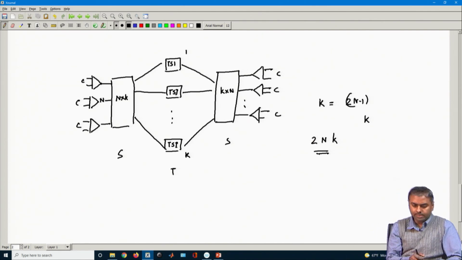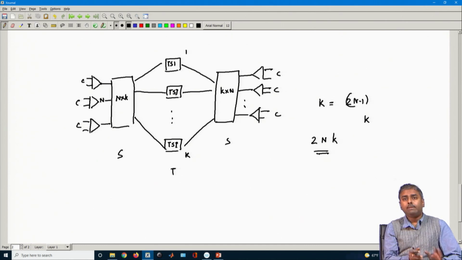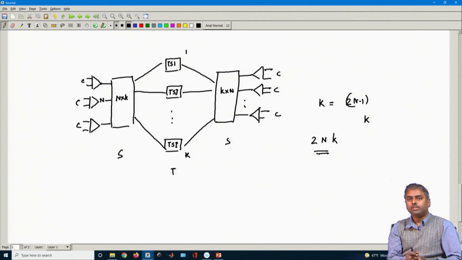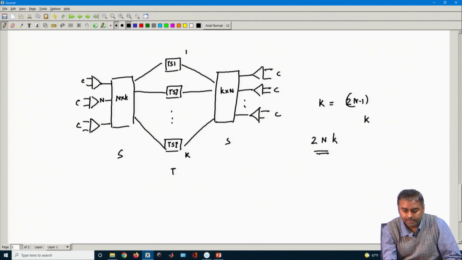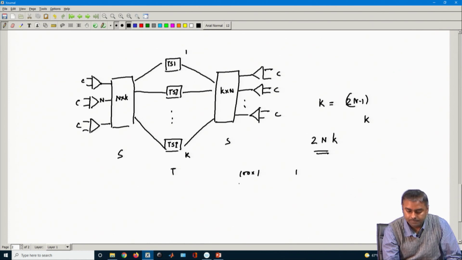Of course, you will be able to see that the memory requirement will be less, and memory is much cheaper than the switching elements. There is a rule of thumb that every memory element is 100 times cheaper than a switching element. So, if you combine these two, one switching element and one memory element, the switching element will be 100 times costlier.